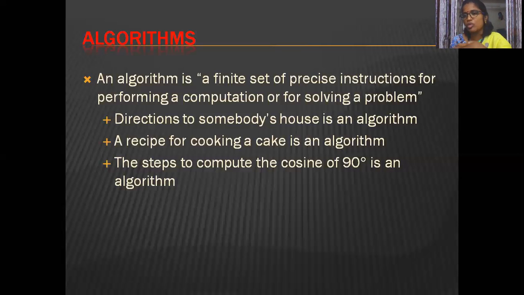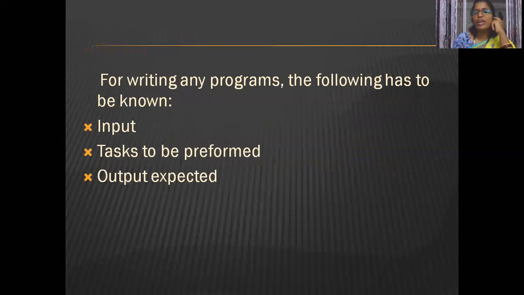It's a mathematical problem. All these come under algorithm. So for writing any program, the following has to be known. We write a program for this: we give an input, a task to be performed, which is nothing but the process, and an output expected. We do something for getting a result.